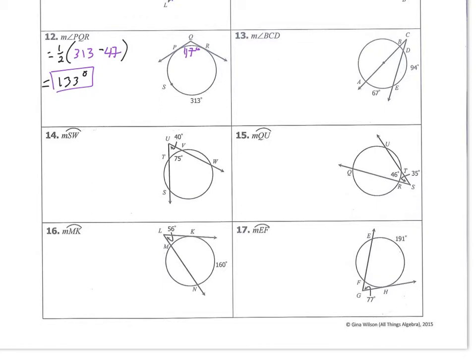All right, so then you have a couple of problems where they actually give you the angle and one of the arcs. You have no other way to find the other arc. So look at this question here, 14. If I'm finding the measure of arc SW, which is this arc right here, it's one of the intercepted arcs to this outside angle. But we have the angle, and we have one of the arcs.